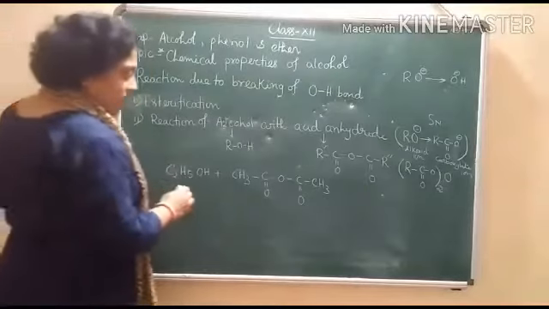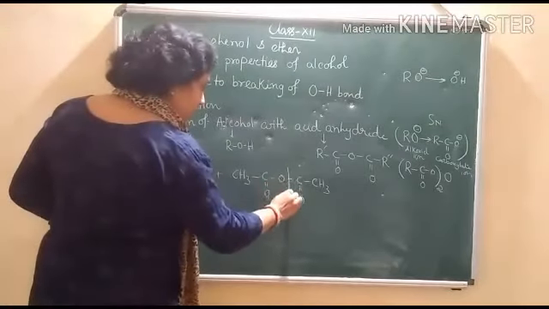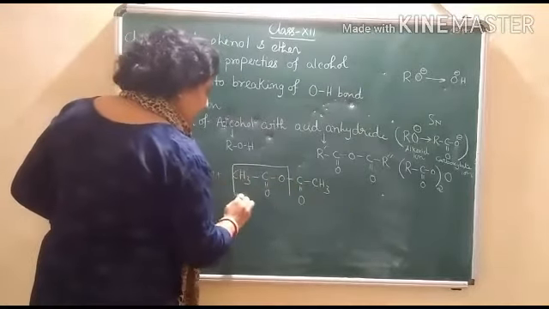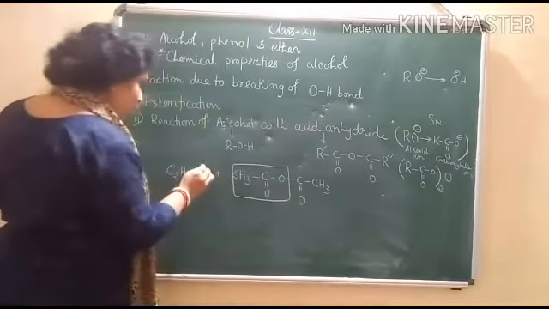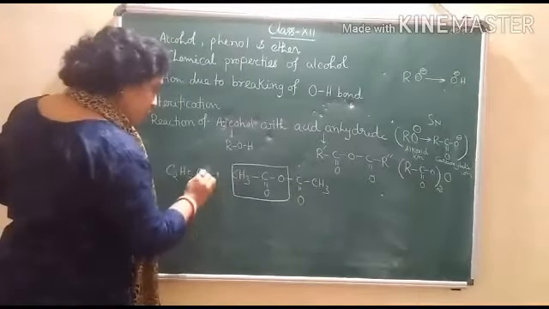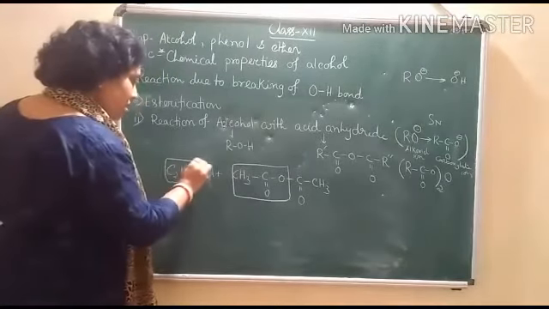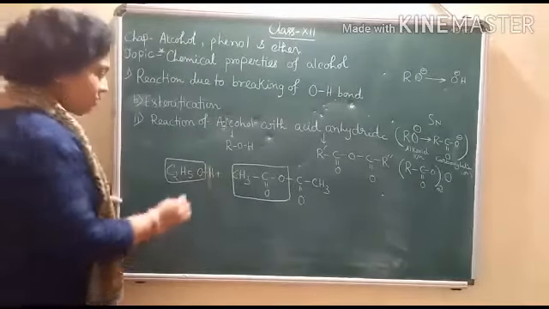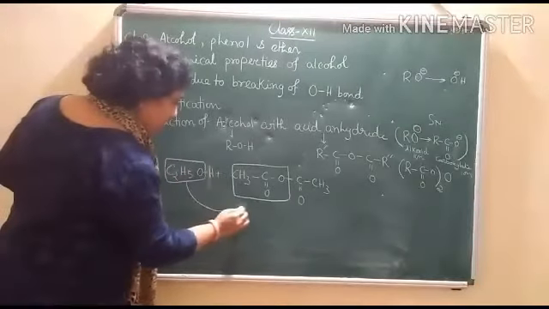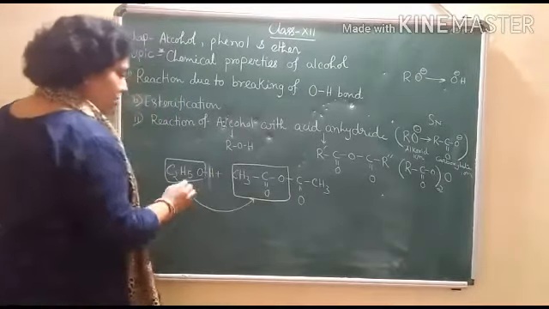Now the carboxylate ion will be exchanged. I'll give this bond so that you will understand. This bond will break, so this is the nucleophile, and it will exchange with this.